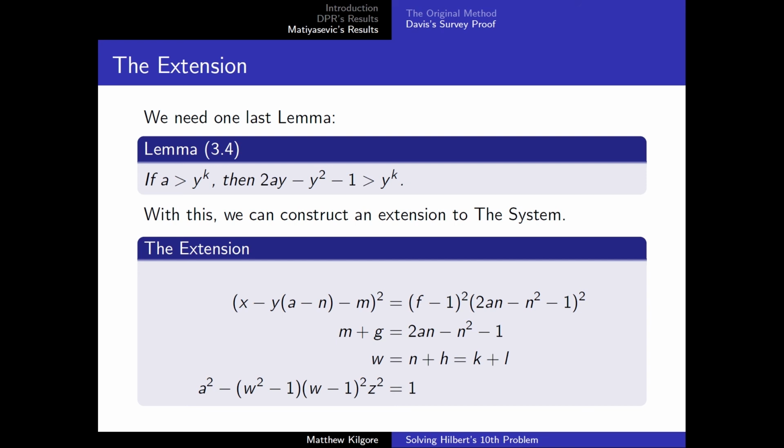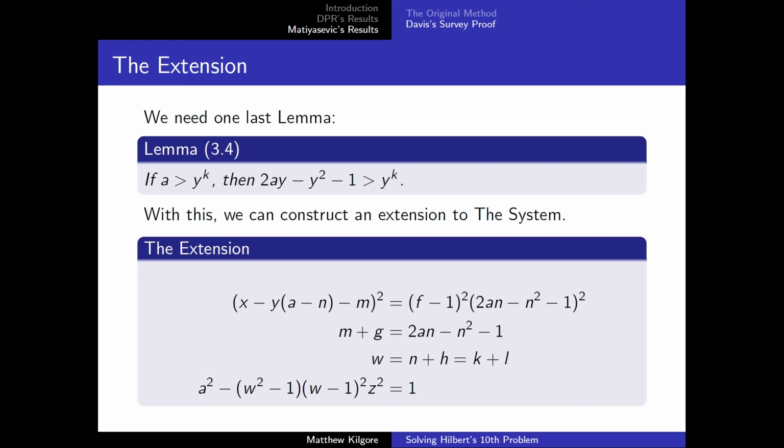Second is that m plus 3 equals 2an minus n squared minus 1. The third is that w equals m plus h equals k plus l. And the fourth is that a squared minus the quantity w squared minus 1 times the quantity w minus 1 squared times z squared equals 1.